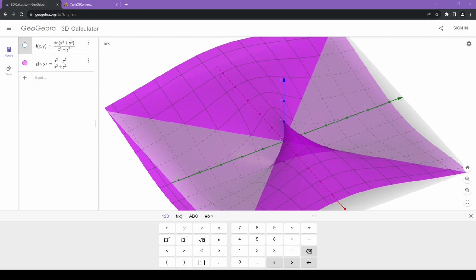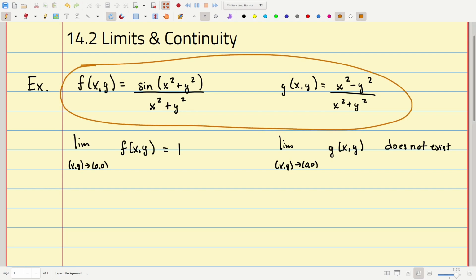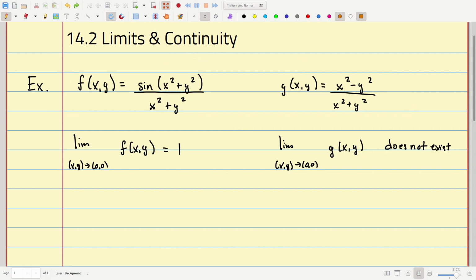Okay, so to answer the question, overall, when we are dealing with functions of several variables and talking about limits, we're going to have to be more careful. What you just described, which is plugging in the value 0, 0 into both of these equations, is something that you're only allowed to do when the surface is continuous.